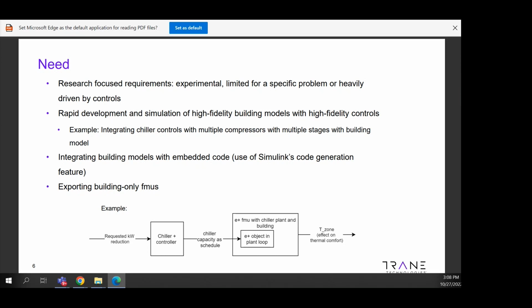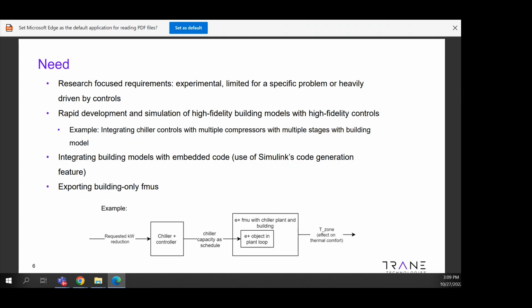Like in annual energy analysis, we simplify controls in Phase 3 Plus. But when you want high-fidelity controls, as an example, say you have multiple compressors and multiple stages, and that model is going to integrate with a high-fidelity building, you really need a tool that can integrate these two high-fidelity models.